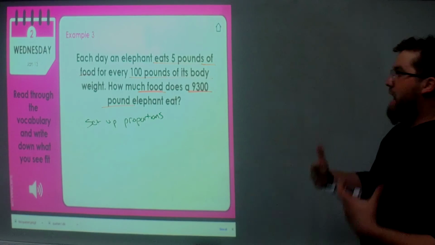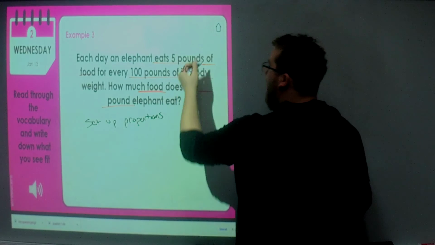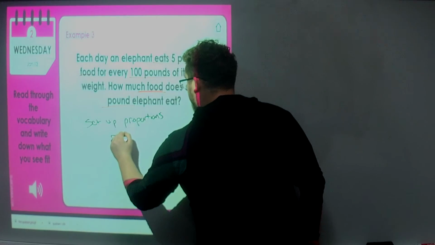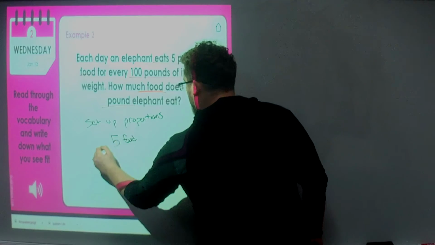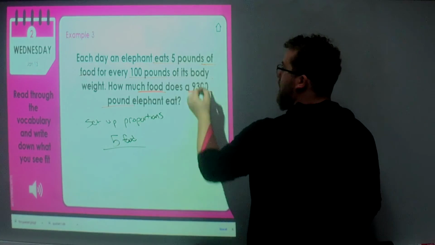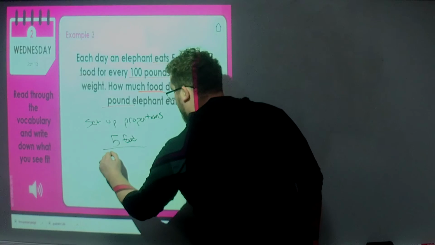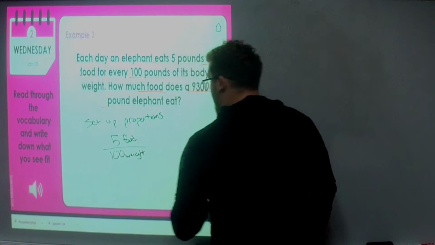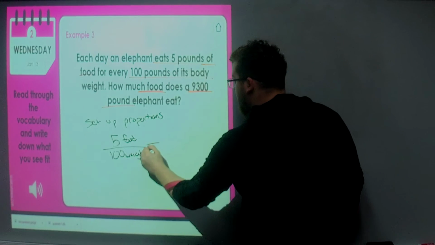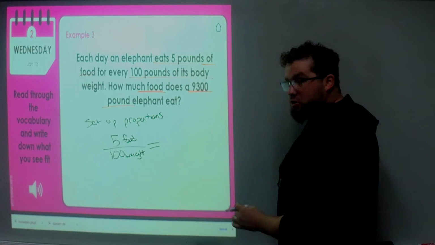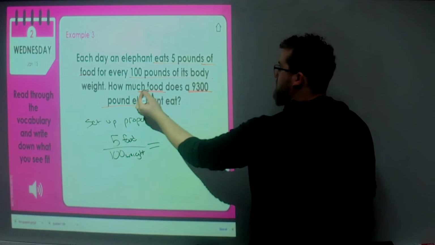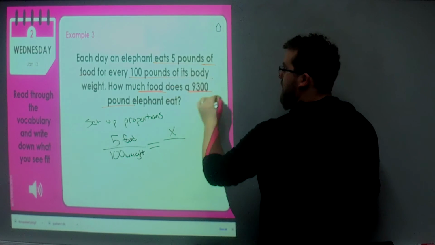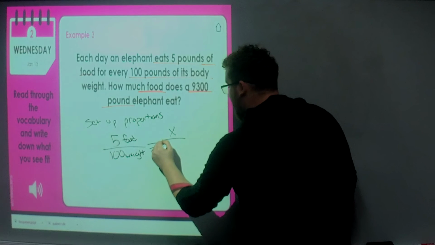It's what you're trying to find. So 5 pounds of food over 100 pounds of weight equals, because these are proportionate, how much food? So x over 9,300 weight.